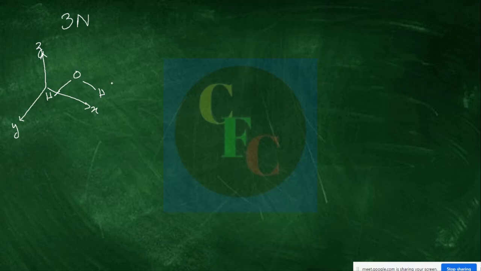Now this molecule can translate, means it can go here, it can go in this direction also, it can go in this direction also. So this is translation motion, right?